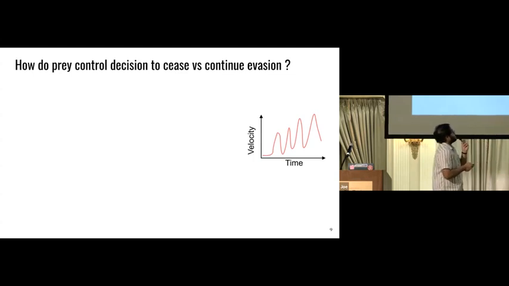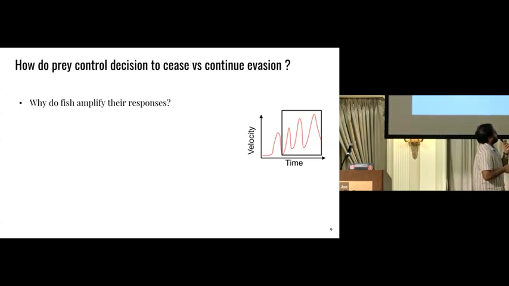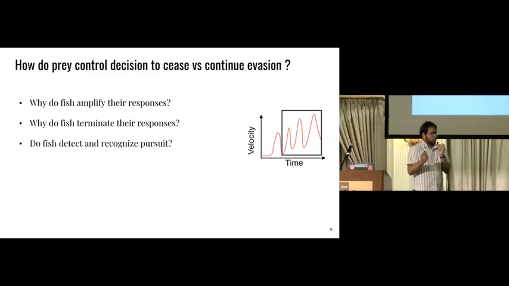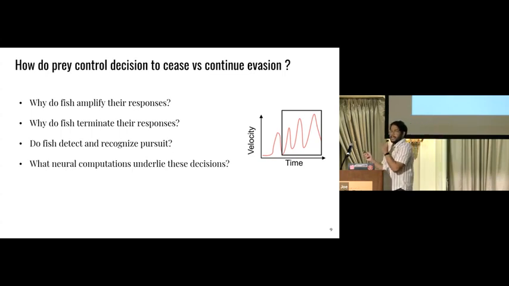As you saw in the last slide, we get profiles like this, and we are interested in this part of our experiments. Once the first escape starts, what happens? We're specifically interested in how fishes amplify this behavior, and how they terminate these responses. We're also interested in whether the fishes know that they're being chased in some way, and the computations that underlie this behavior.